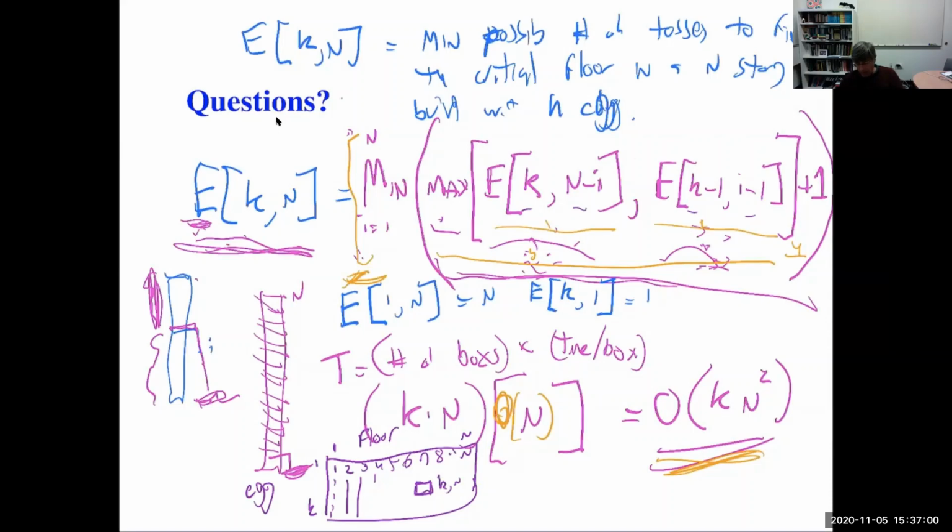Well, for any given i, I'm going to be looking at i minus 1, k minus 1, which is going to be a number like that.